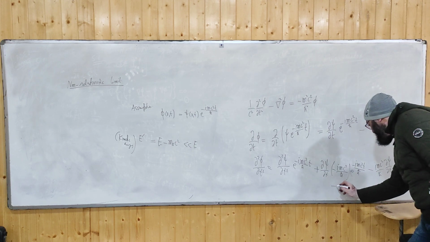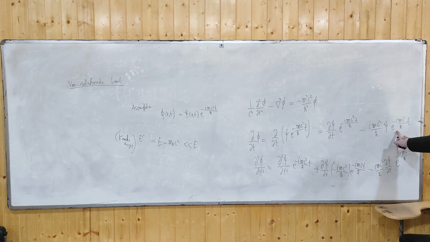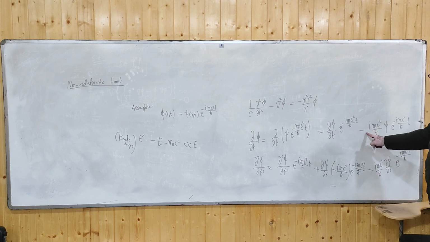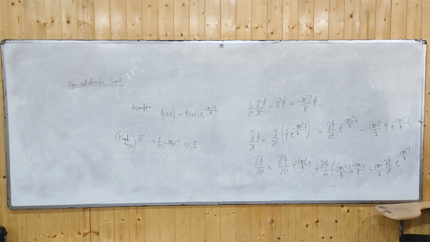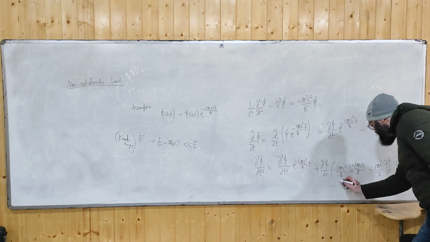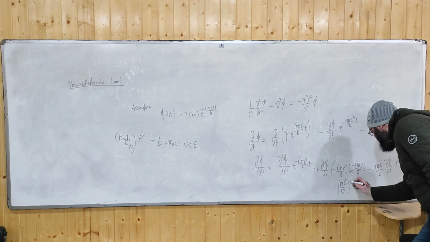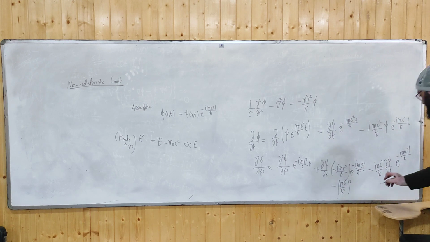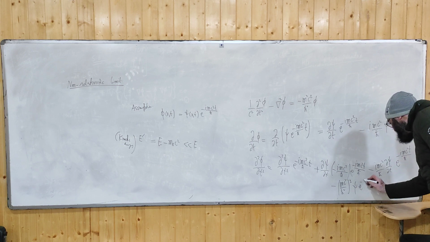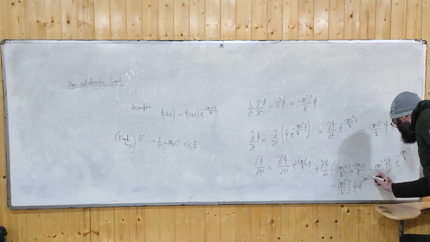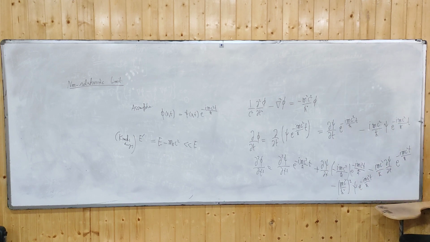Then you differentiate the last term again, so the minus and minus come down: minus (mc² by h-bar) squared psi e raised to the power minus i mc² t by h-bar. Clear? So how much is that?